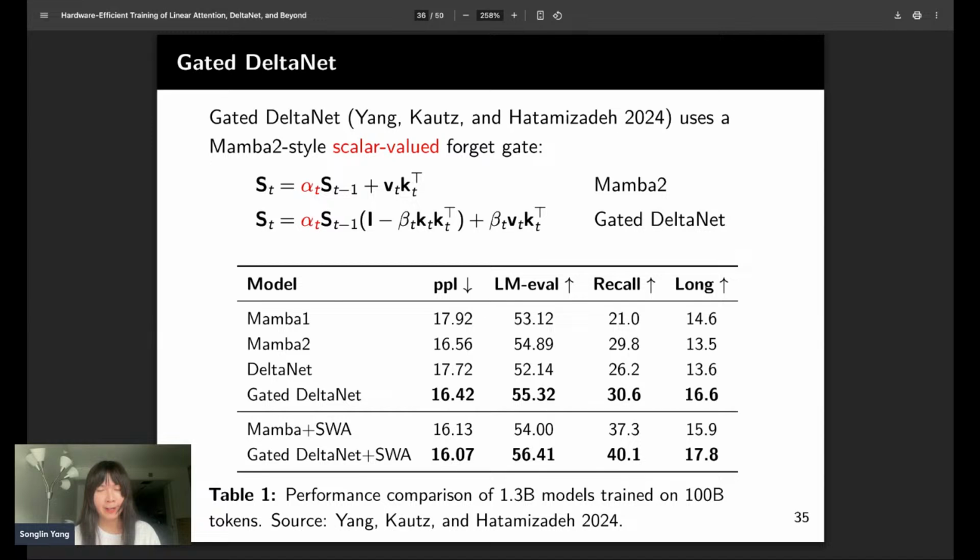Finally, I want to mention Gated DeltaNet, which is my last year's ICLR work. I combined the Mamba2 gating mechanism and the DeltaNet transition matrix into a single update rule, the so-called gated delta update rule. And this combination can further improve DeltaNet by a large margin.